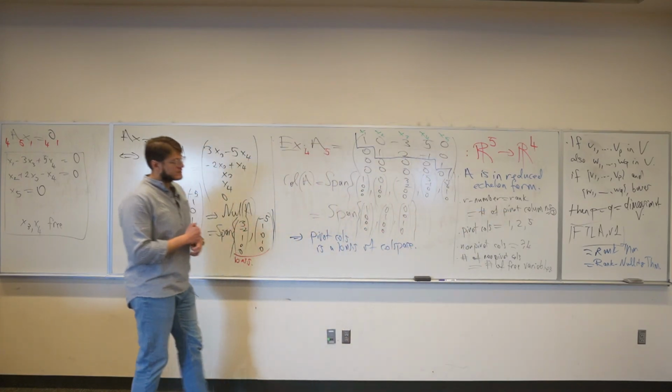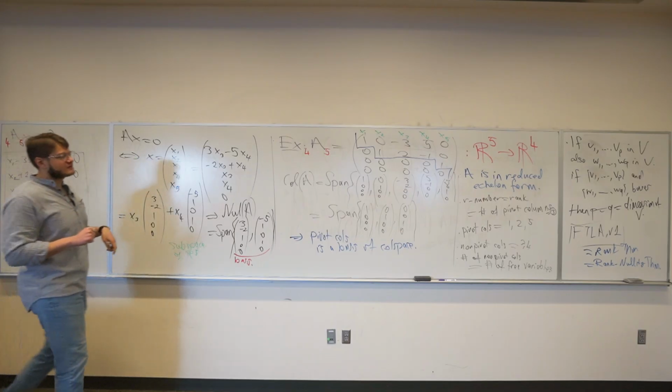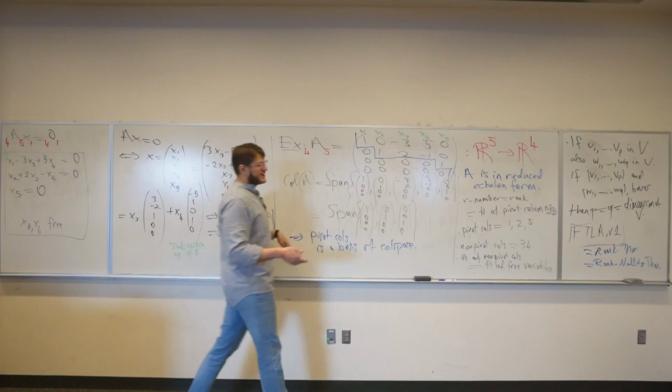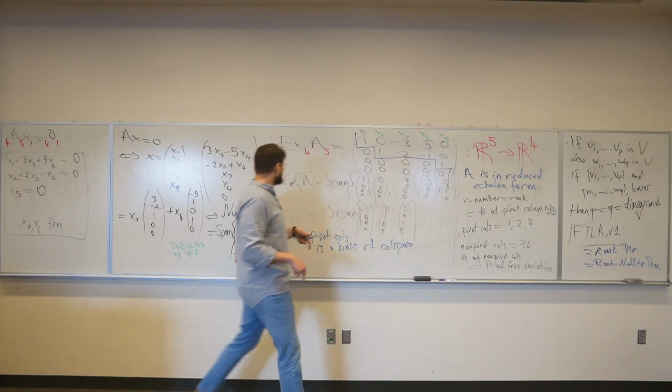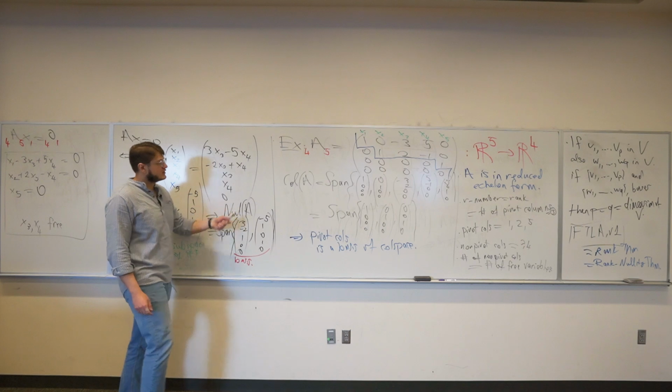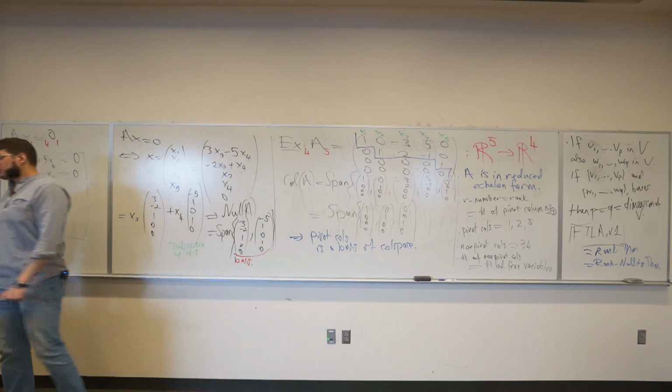So we just fast-forwarded that. But that's all there is to it. Rank is the dimension of the column space, and the other number is nullity, which is the dimension of the null space. We're going to keep working on this on Monday. Thank you.